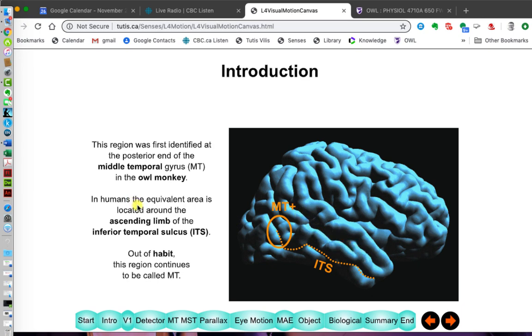Now, originally this area is identified in the gray owl. And the owl has its MT plus located up here along the medial temporal sulcus. So way up here, but humans are along the inferior temporal sulcus.